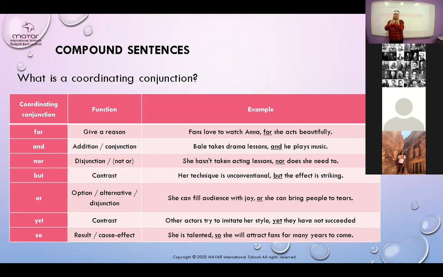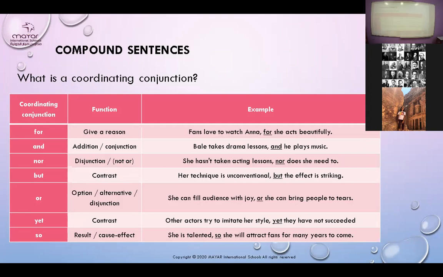That means in the exams, if I gave you 2 independent clauses, you can use for and so at the same time, but you have to be careful. Where is the reason? Where is the result? Why is it important to know the reason and the result? Because you have to switch. If the reason comes at the beginning, we use so. If the result comes at the beginning, we use for.